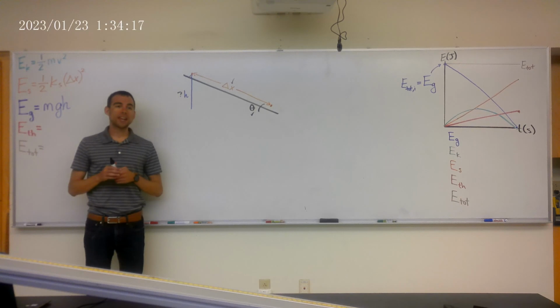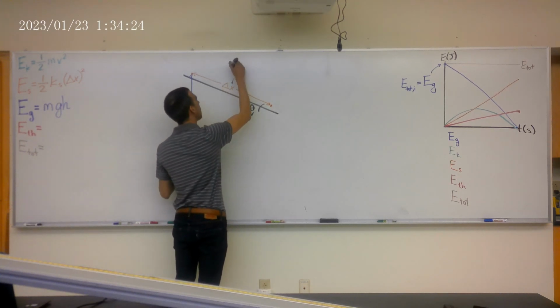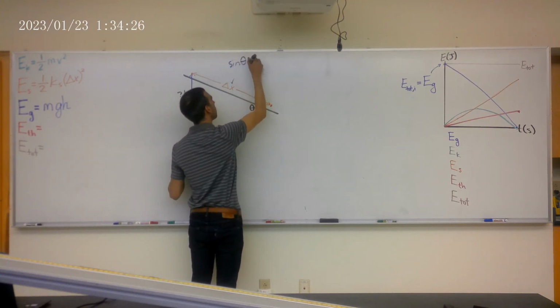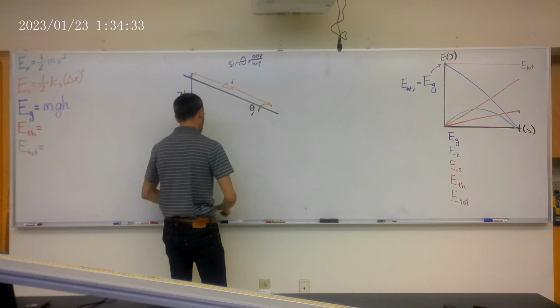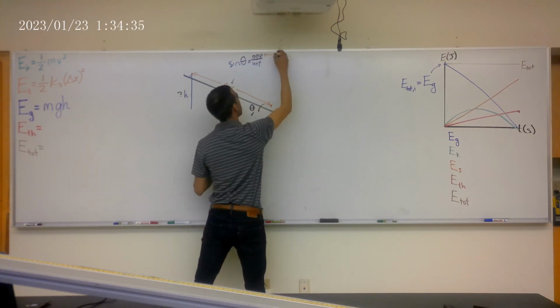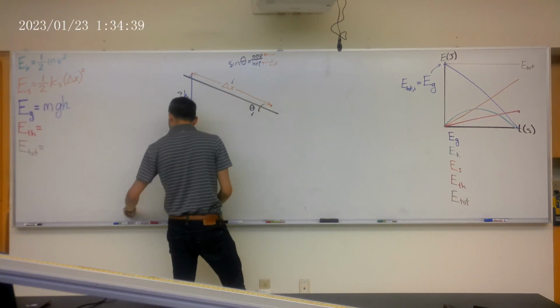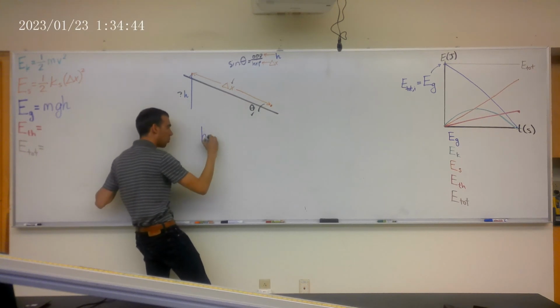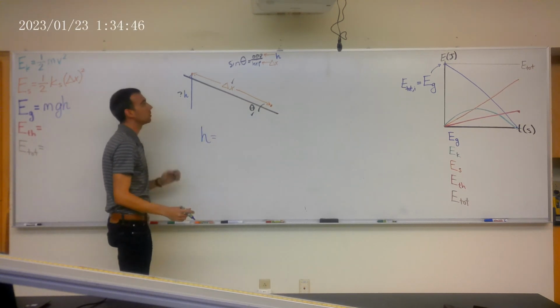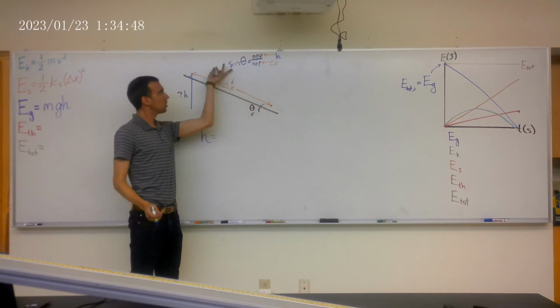Okay, that's our 30-second discussion period. Which trig function do we think we'll need to use, Mara? It'd be sine of theta. It would be the sine of theta, and I'll just get caught up with you. Sine theta we usually say is the opposite over the hypotenuse. In this case, delta x is our hypotenuse, and h is our opposite. We're trying to solve for h, so we can write h equals, and we'll bring that hypotenuse to the other side.